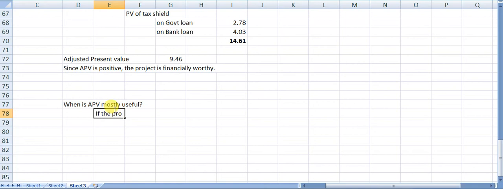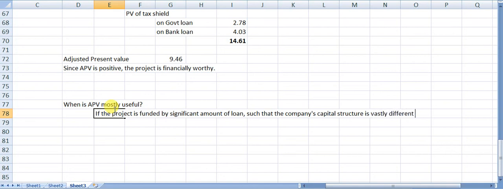If the project is funded by a significant amount of loan such that the company's capital structure is vastly different from the funding of the project.